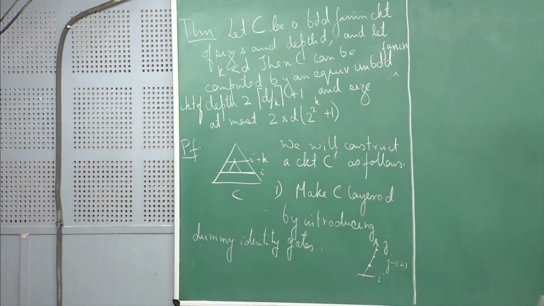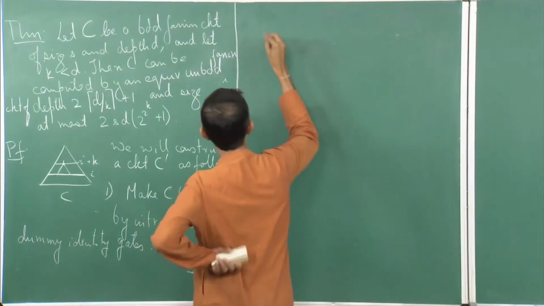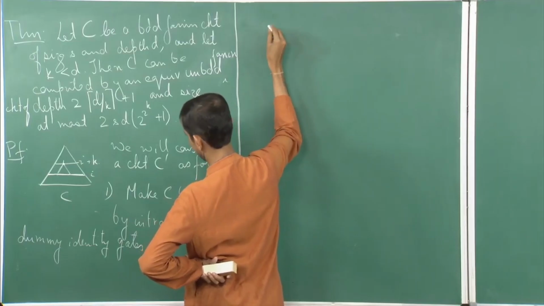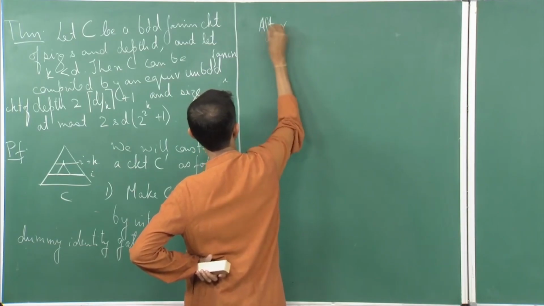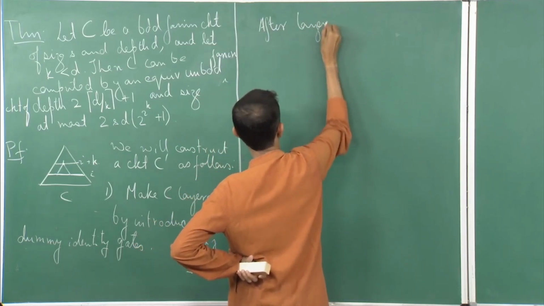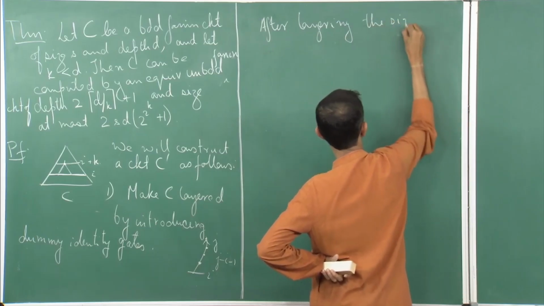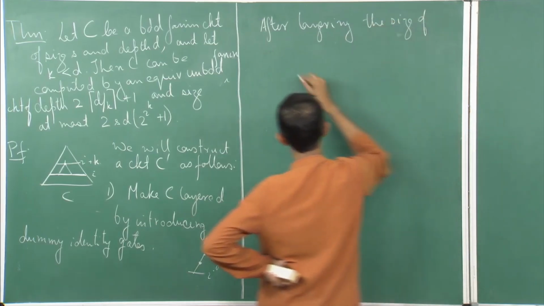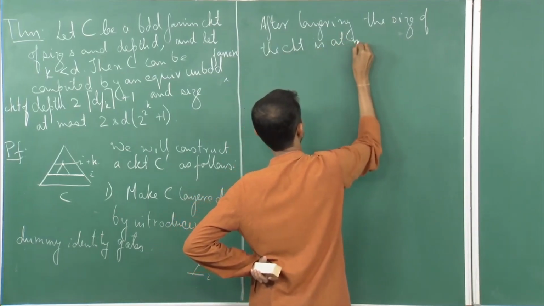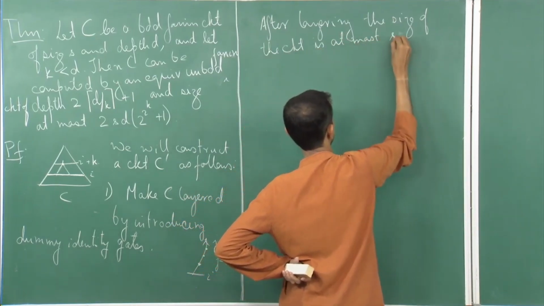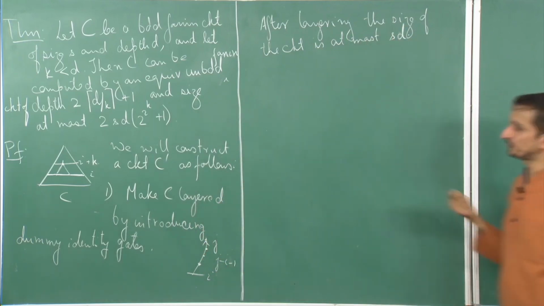Okay. So, initially my size was S and depth was D. After layering, the size of the circuit is at most S times D. So, S you can think of as the number of edges in the circuit.